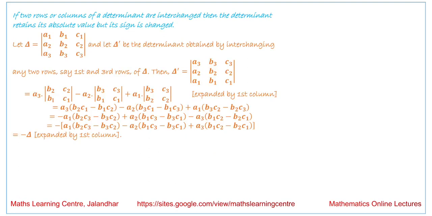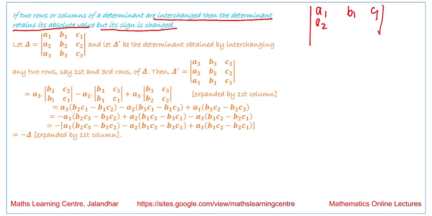Next is, if two rows or columns of a determinant are interchanged, then the determinant retains its absolute value but the sign is changed. Suppose we have the determinant a1, b1, c1, a2, b2, c2, a3, b3, c3. If we expand this determinant along the third row, then we have a3, the signs will be positive, negative, positive.